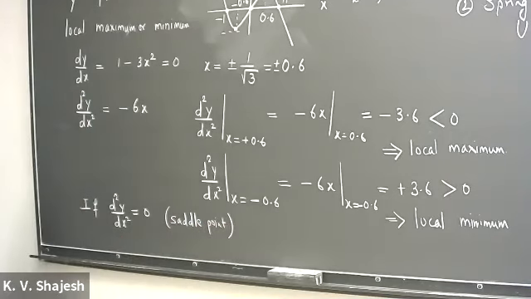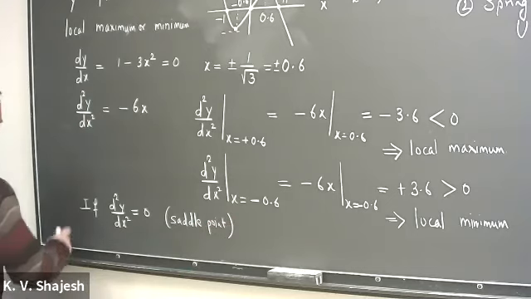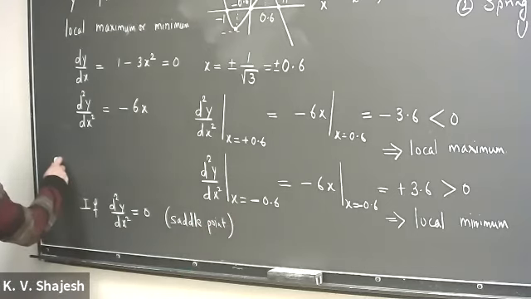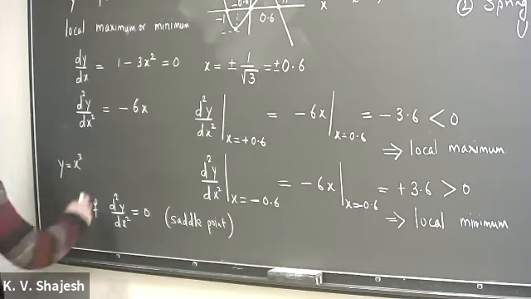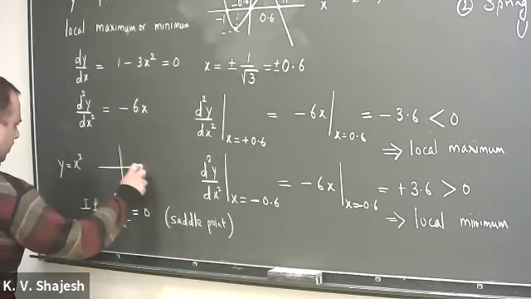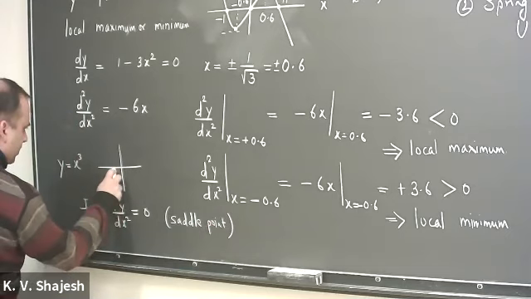It is neither a maxima nor a minima. An example of that is if I were to do y is equal to x cubed, and its plot will look like the following.